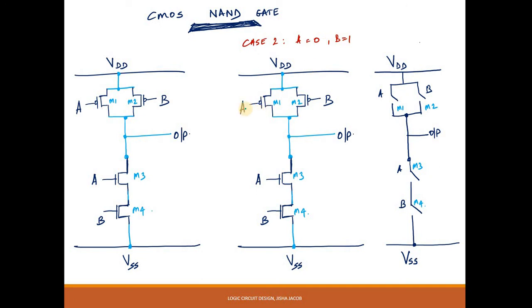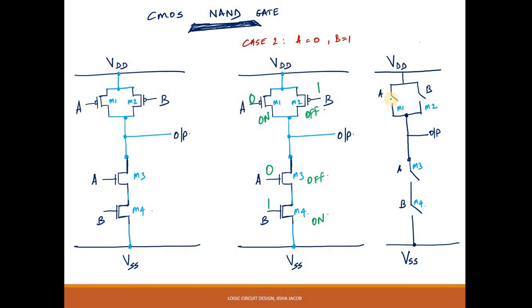Second case, A is equal to 0 and B is equal to 1. When A is 0, M1 is on, B is 1, so M2 is off, M3 off because gate voltage is logic 0, M4 on.